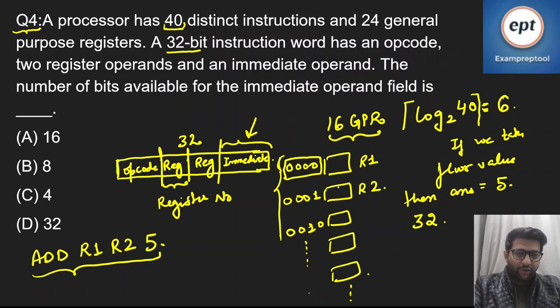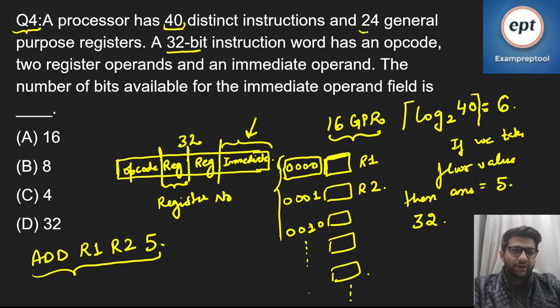So it will take the value from R2, add 5 to it, and store the value in the R1 register, right? I'm explaining this because I want you to be very clear about the different types of fields that the instruction can support, and what these fields mean. This is very important because if you get a different question where you require this information, you will be able to solve that question very easily.